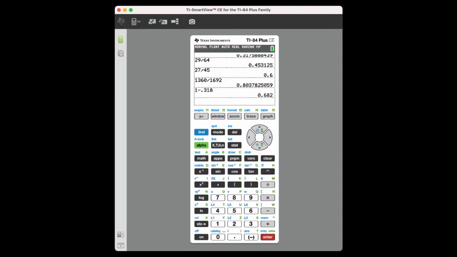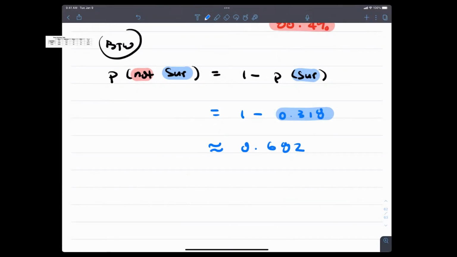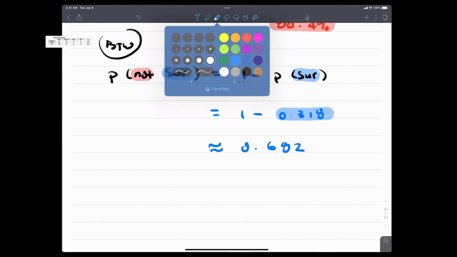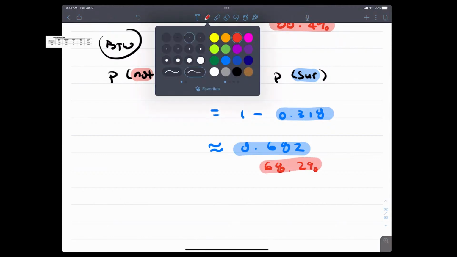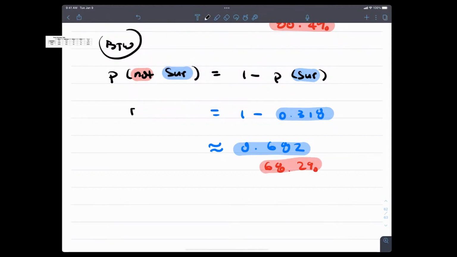And what do we get here? 0.682. You might say to me, what's so important about this number? Well, 68.2% of our passengers did not survive. And not surviving means dying. 68.2% died on the Titanic.